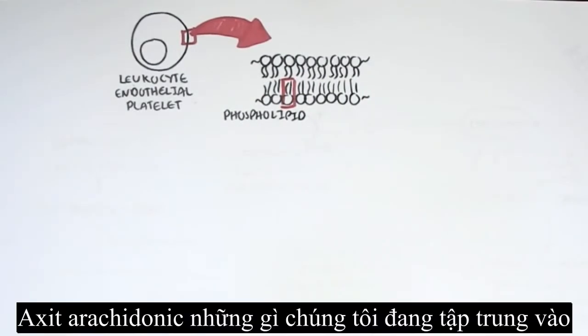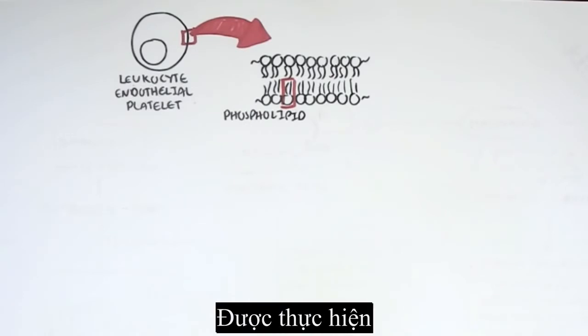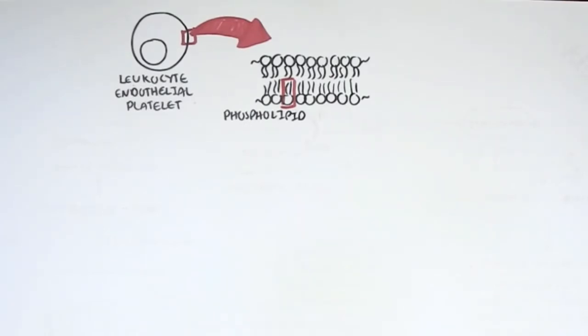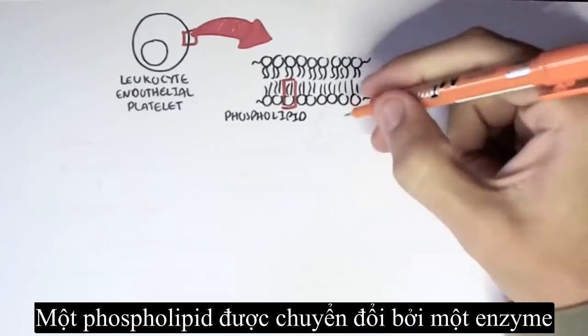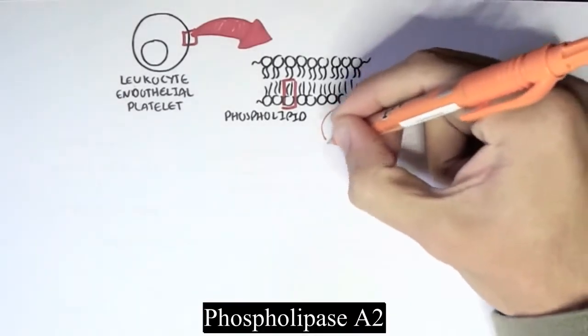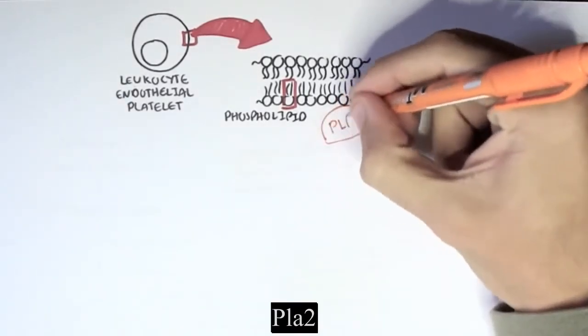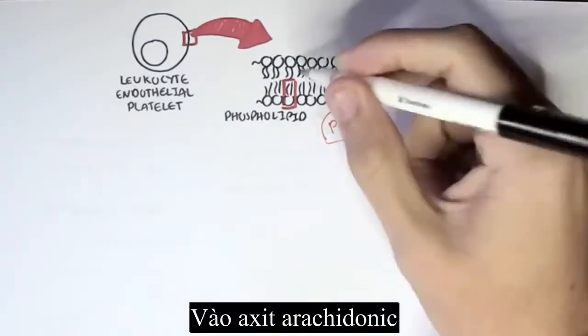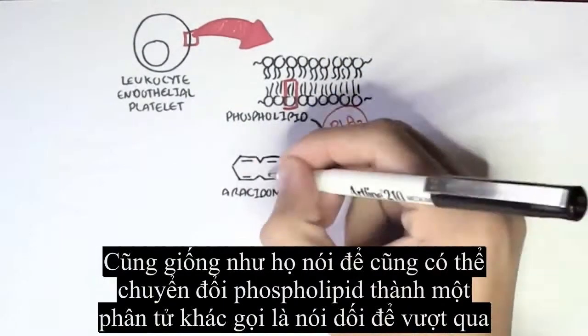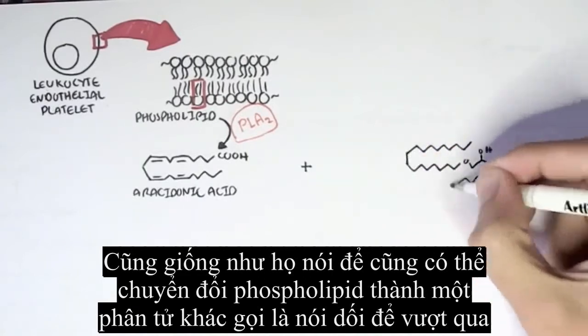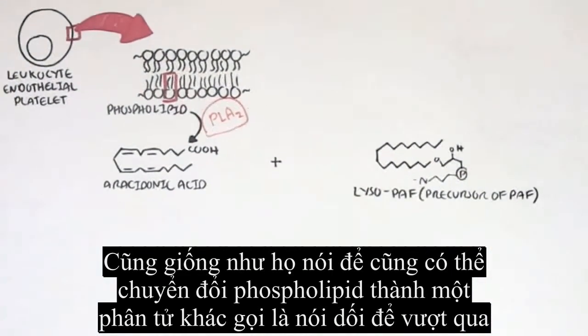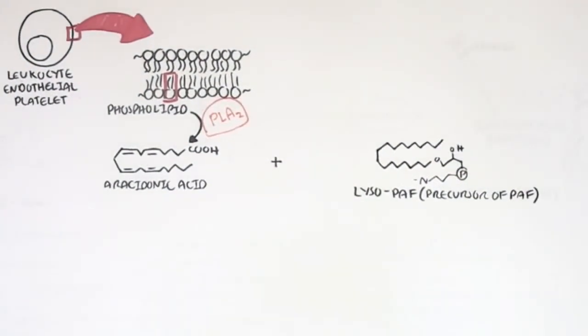Arachidonic acid, what we're concentrating on, is made when a phospholipid is converted by an enzyme, phospholipase A2, PLA2, into arachidonic acid. Phospholipase A2 can also convert the phospholipid to form another molecule called lyso-PAF, a precursor of platelet activating factor.